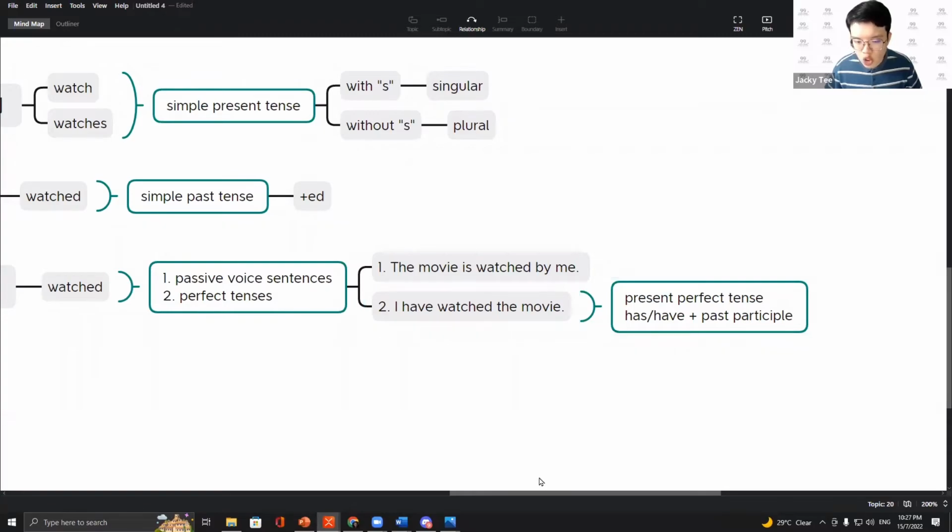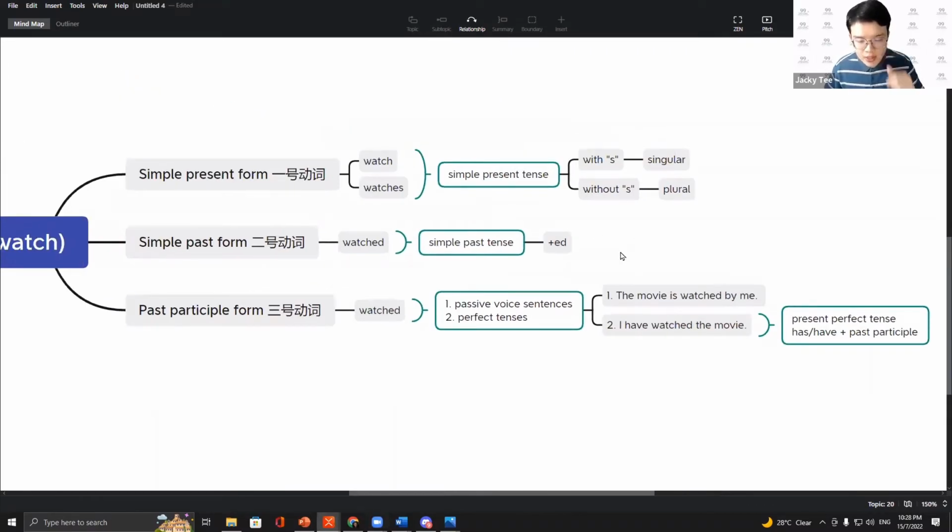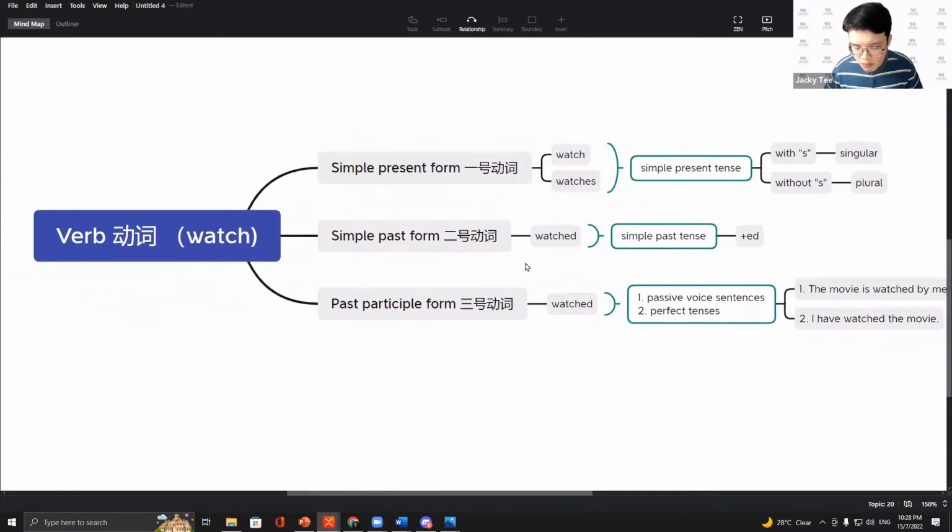Okay, so the verb in this sentence is a past participle. All right, so that is a verb pattern, because whatever verb, it has 3 verb forms. Verb number 1, verb number 2, verb number 3. 3 phases, I can say like that.